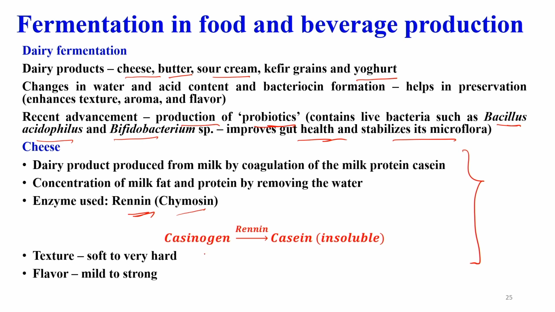So, this caseinogen is converted to casein, which is insoluble, and once it is insoluble it settles down and whey is separated, because milk is rich in milk protein. In addition, it has some water molecules. So, once you are playing with the protein, you can make the protein from soluble to insoluble, and the same is separated.